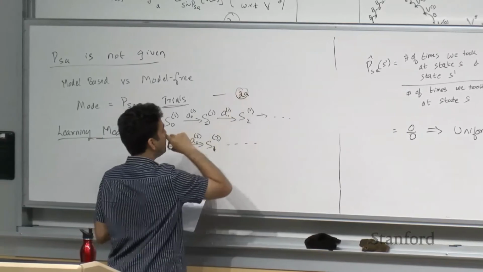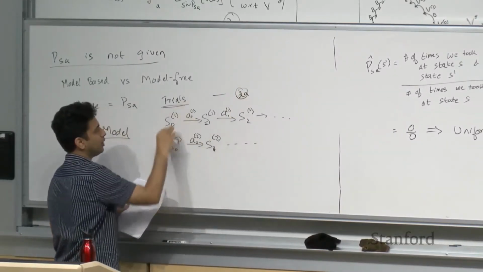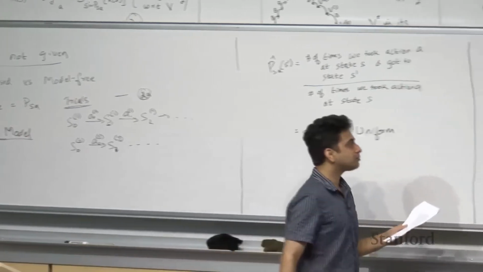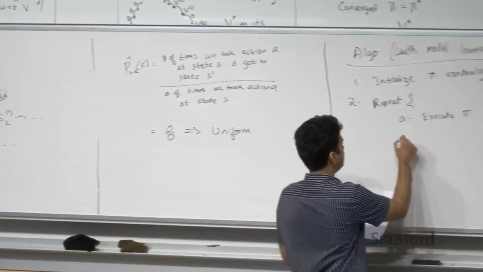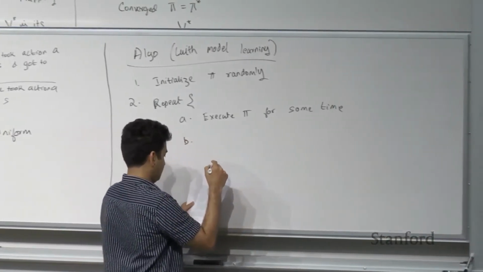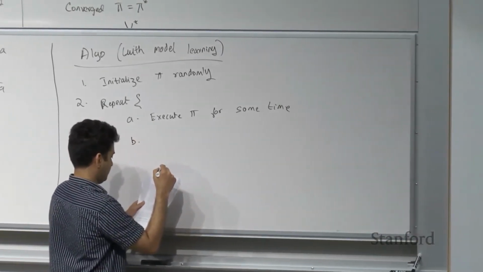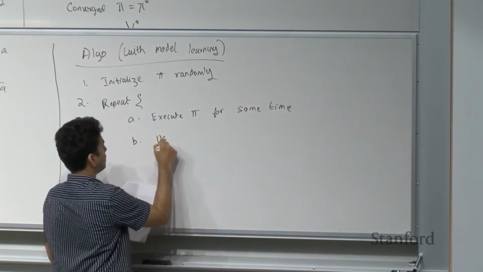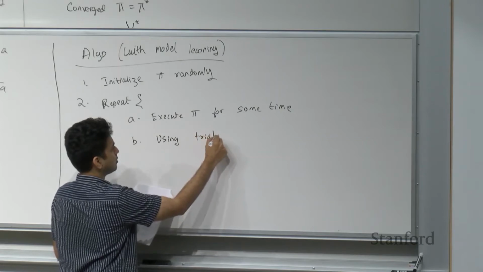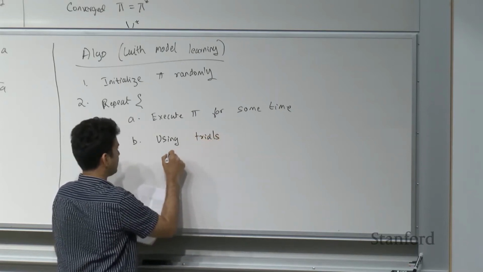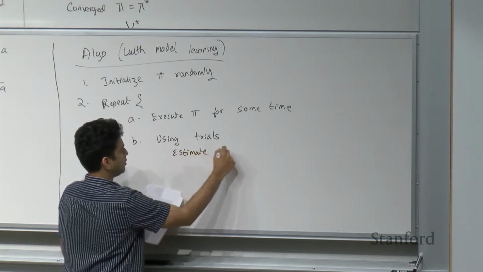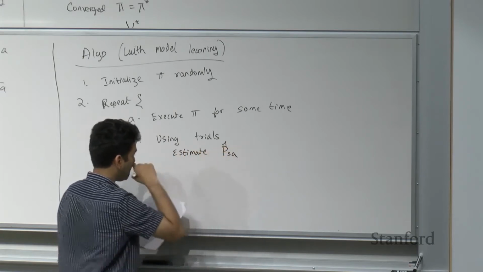So run a few trials where the actions you're choosing are based on the random initialization of pi. B, using these trials, estimate p hat of SA. Okay?